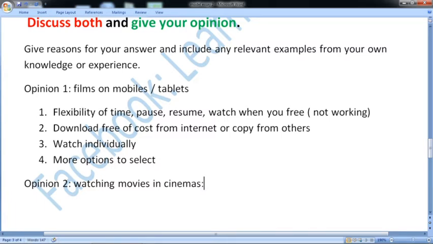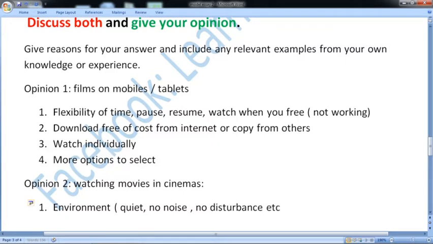What can be the advantages of watching movies in cinemas? Number one is the environment, because everybody is watching movies, so it is quiet, no noise, no disturbance, etc. And the next is that a mobile screen is very small, or a tablet is also small.